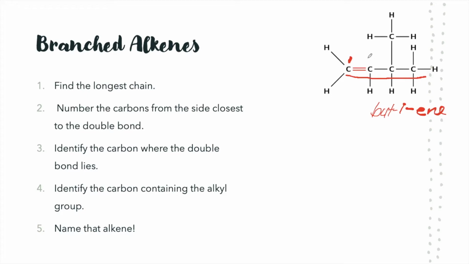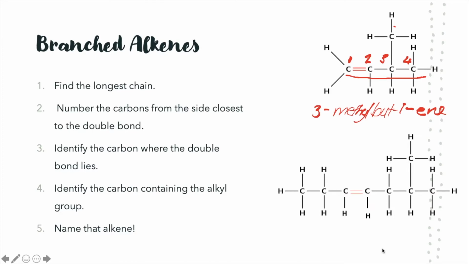Now if this is carbon 1, this would be 2, 3, 4. So our group is on carbon 3. And what kind of group is it? Well, it contains only one carbon atom, so it will be a methyl group. This alkene's name then is 3-methyl-but-1-ene.